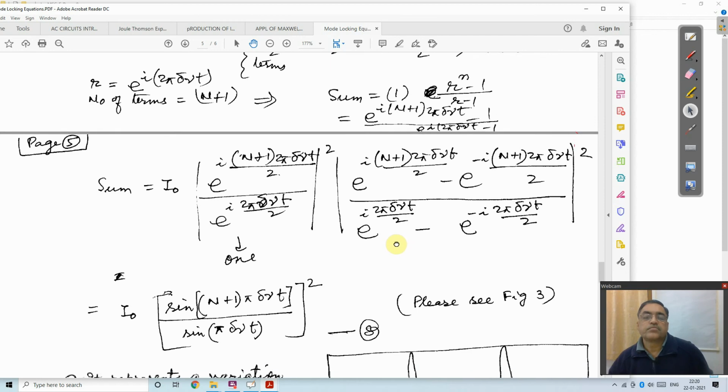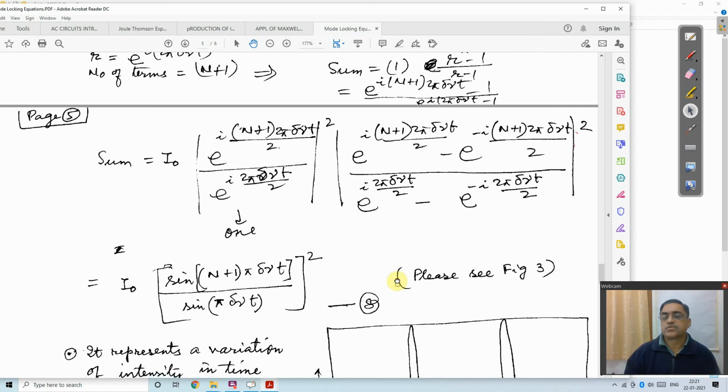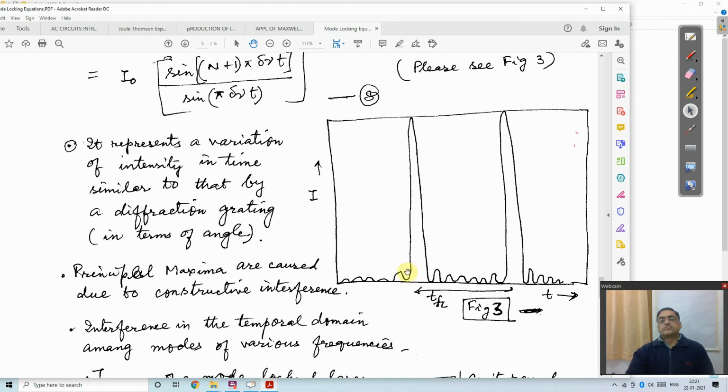So arranging them, and dividing and multiplying by 2 iota, I see that sine of n plus 1 pi delta nu t over sine of pi delta nu t, whole squared, and this gives the locking in mode. So it represents a variation of intensity in time similar to that by a diffraction grating in terms of angle.